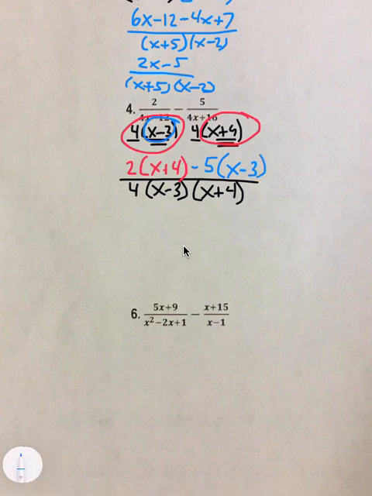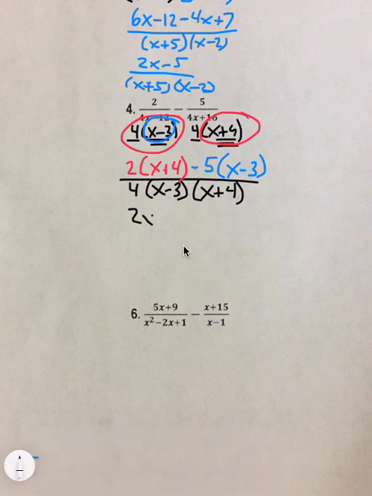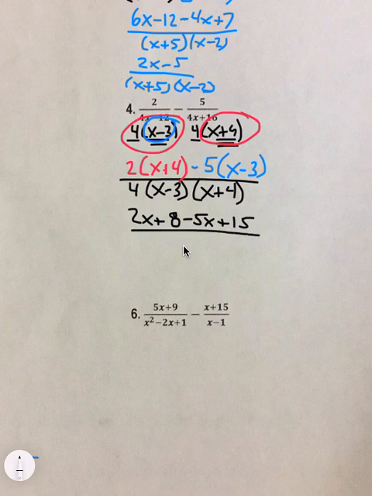So when we simplify that, we get 2x plus 8 minus 5x plus 15 all over 4 times x minus 3 times x plus 4. And then finally we just simplify it.